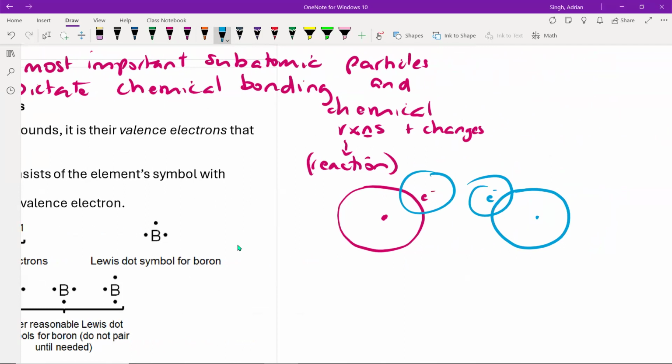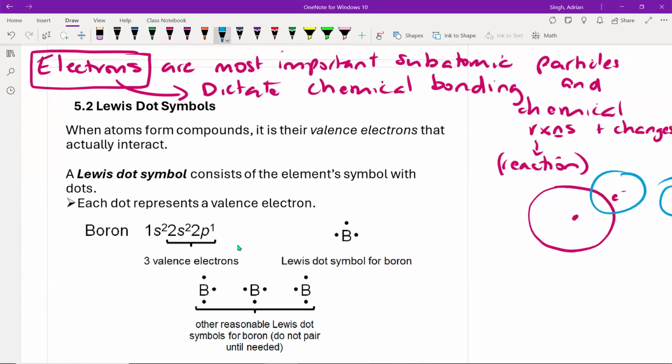And the second point to that is not all of the electrons are going to be important. Instead, it's the valence electrons that are going to be most important. Again, in the last section, we talked about electron configurations, how we can determine the number of valence electrons. And this is the reason why now, because those valence electrons, which, if you recall, are the outermost electrons, or we can think of the electrons in the highest energy level, are the ones that will, in fact, dictate chemical bonding.